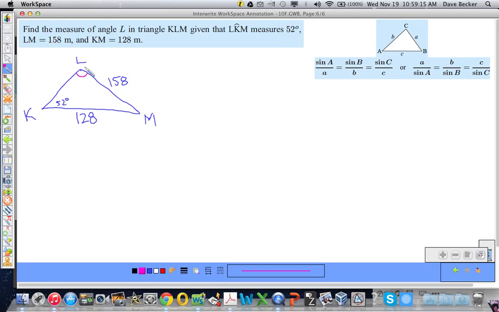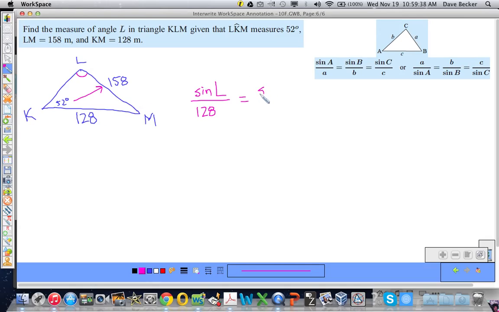So right away, I'm going to put sine L on top, capital L, over the length of the side opposite it, 128. And that is equal to, and I know this angle, 52 degrees for K, and I know the length of the side opposite of it.